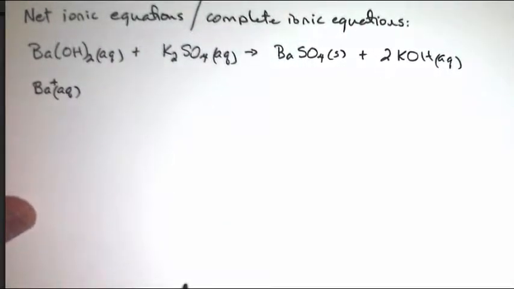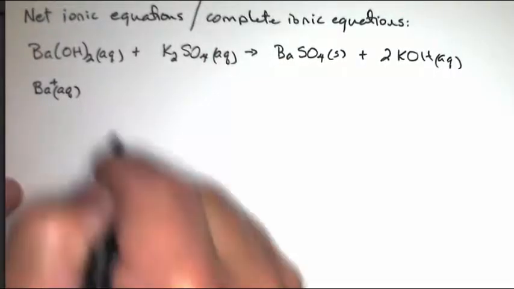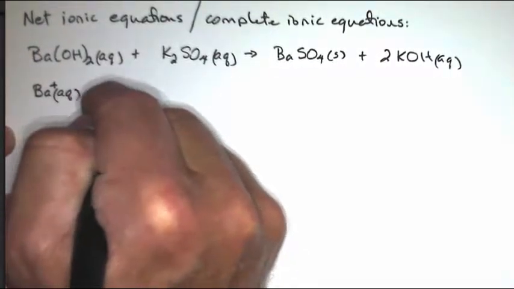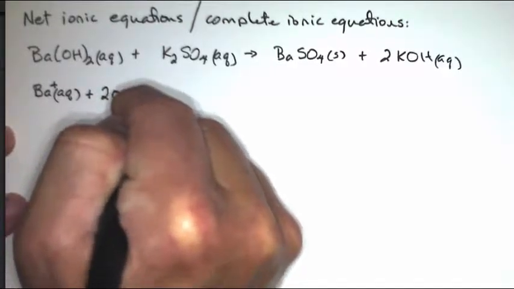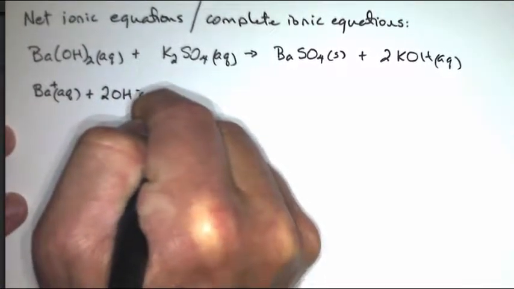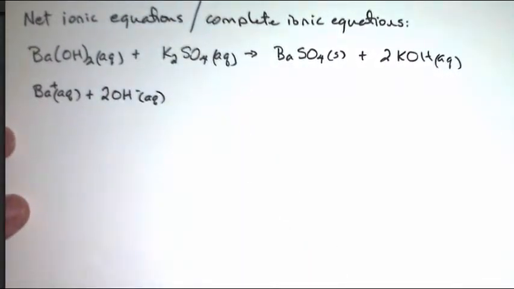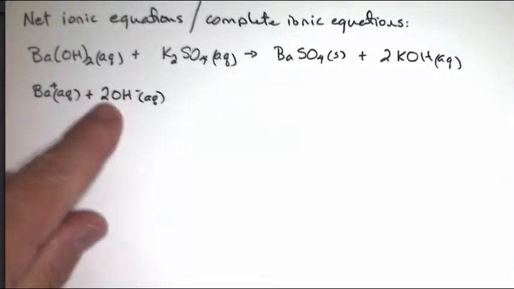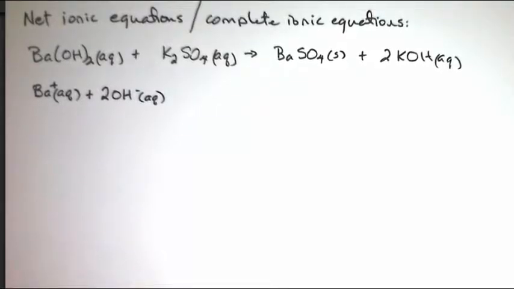Okay? We have how many hydroxide ions? 2. So when we write that out, we're going to write it as 2 hydroxide ions, not as OH in parentheses with a subscript 2, because we've broken them apart. Now the two hydroxides are separate things. So we're going to write it down as 2 separate things. That makes sense? Okay?